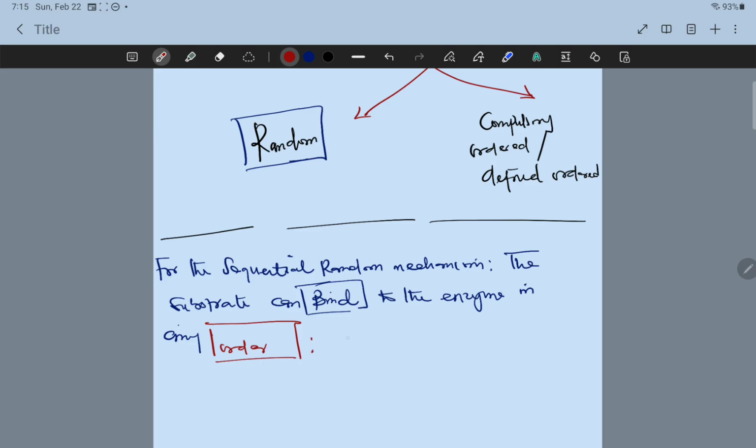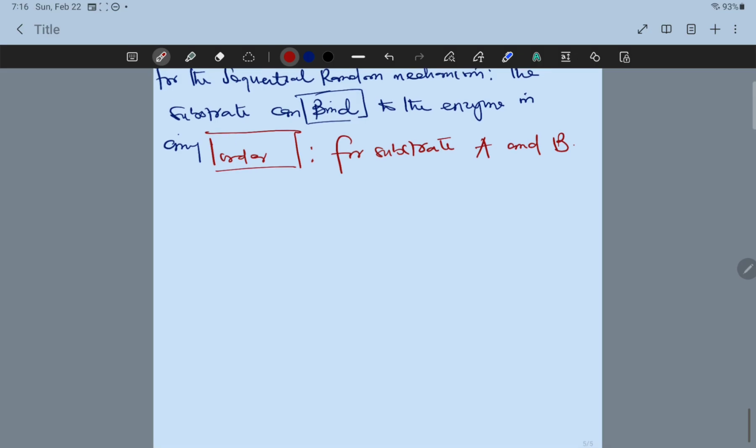For example, for substrates A and B, you see, A can bind first. And then B will bind afterwards. Is that okay? And then B binds next.